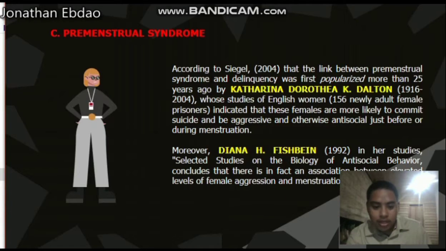Premenstrual syndrome refers to the onset of the premenstrual cycle that triggers excessive amounts of female sex hormones, which affects antisocial aggressive behavior. Moreover, Diana H. Fishbein, in her selected studies on the biology of antisocial behavior, concludes that there is a factual association between elevated levels of female aggression and menstruation.